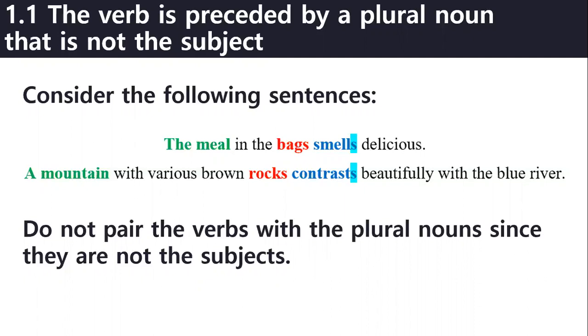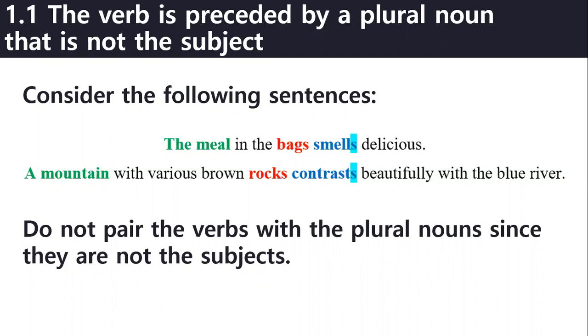The meal in the bags smells delicious. A mountain with various brown rocks contrasts beautifully with the blue river. Again, the meal in the bags smells delicious. A mountain with various brown rocks contrasts beautifully with the blue river.